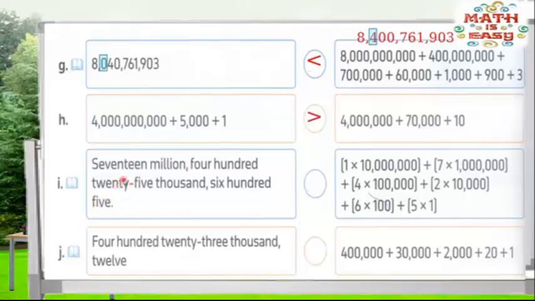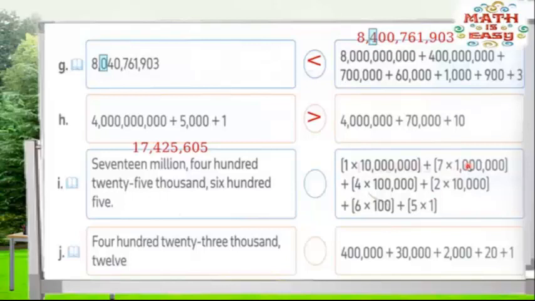Next one, we have 17,425,605. The number in standard form, 17 million, 3 periods. 425,605, and this number, do you see here 1 times 10 million and 7 times 1 million?